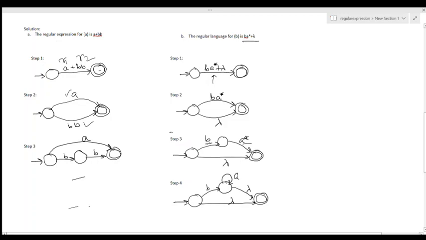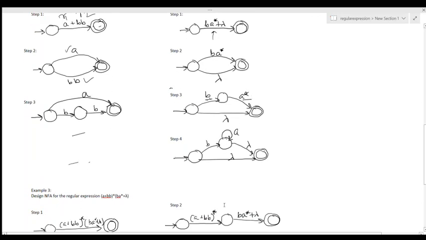So this A star is a closure operation. So we get a state here and draw a self edge, and at the final step we get the NFA like this.